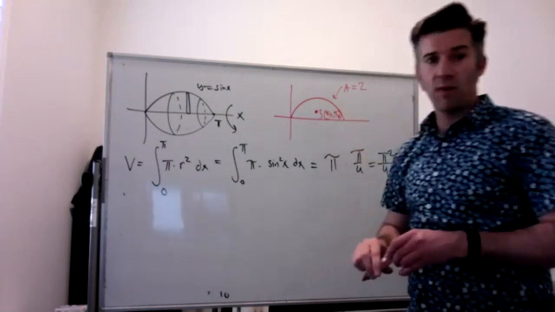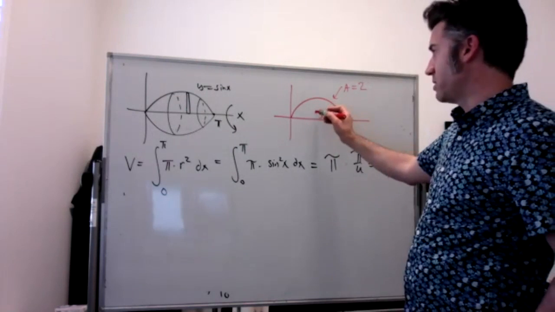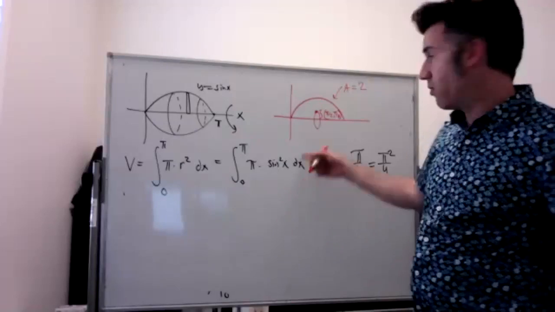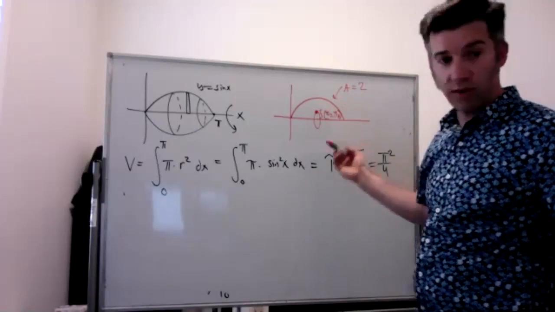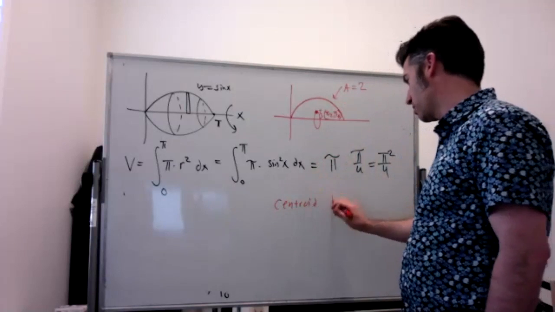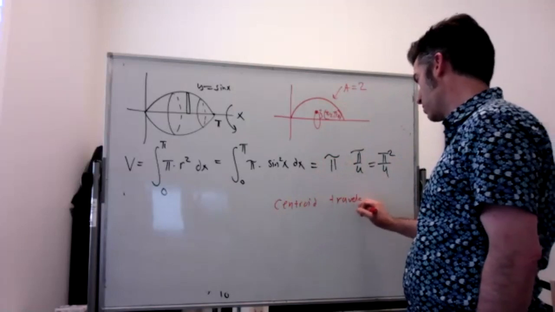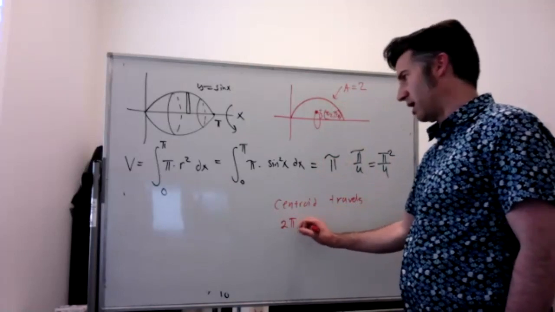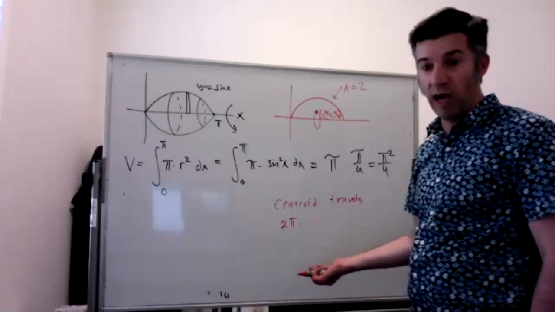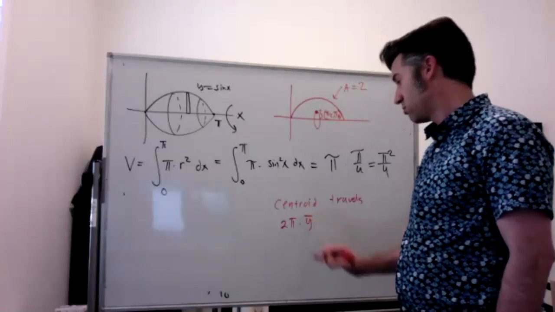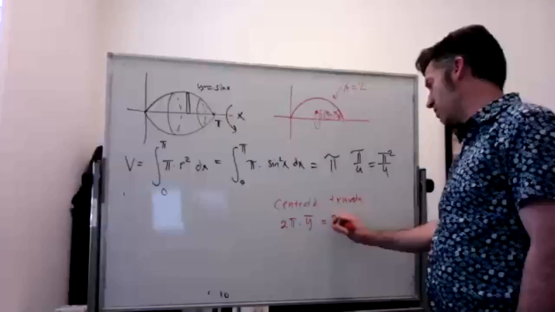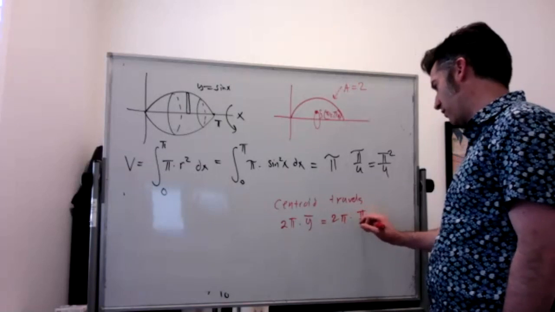So what you can do is take all that area and see how far it travels. How far is the centroid going to travel? If you rotate that around, the centroid travels 2 pi times what I'm going to call, in this case, y bar, the distance from the x-axis. 2 pi times y bar is 2 pi times pi over 8.